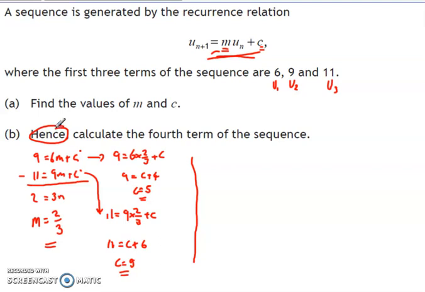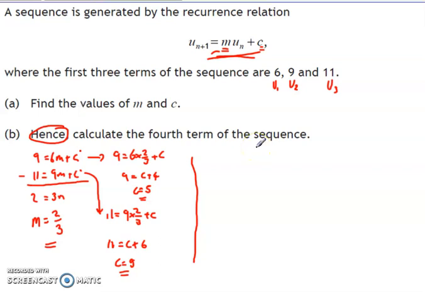It's only one mark that's available, but this could be the difference between an A and a B and a C, a pass and a fail. So we have to make sure we get every single mark we possibly can. So hence, even if you've got it wrong, which obviously you wouldn't know in an exam, you still have to make sure you use the values that you previously calculated.